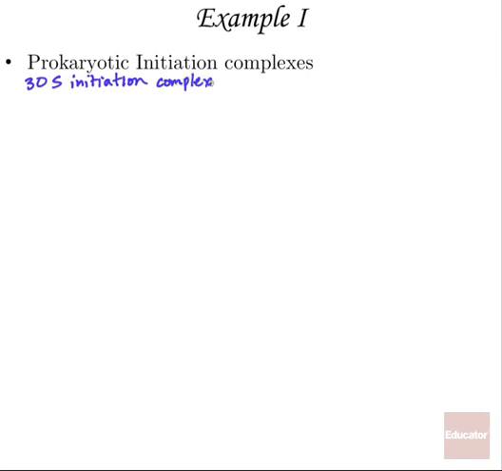Okay, so first off, we have the 30S ribosomal subunit. Okay, we have the E site, the P site, the A site.